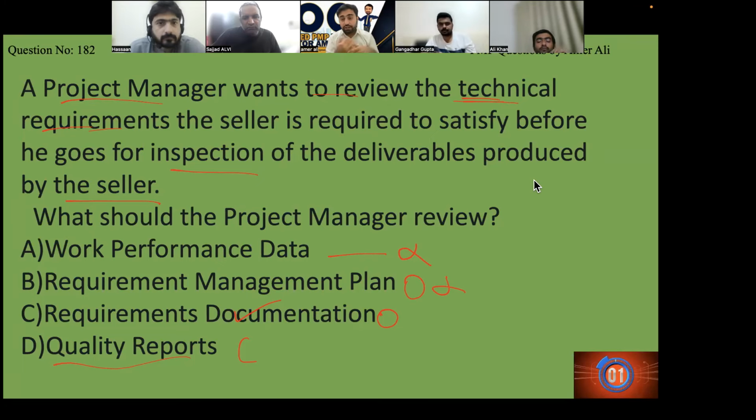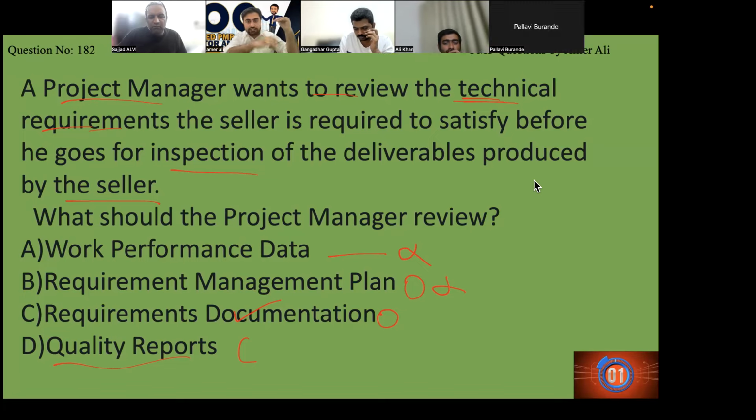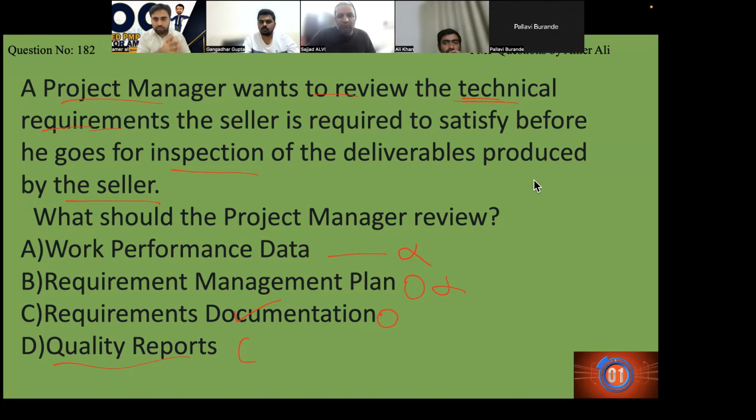If you are unable to find it, let me know, I'll share it with you. Work performance data is something where you have done the work and now it is a high level status, not a refined form. What we are looking at is a person wants to check his checklist, something that he is going to check. So that's why it's not there.